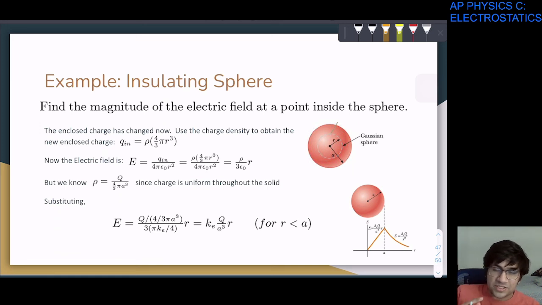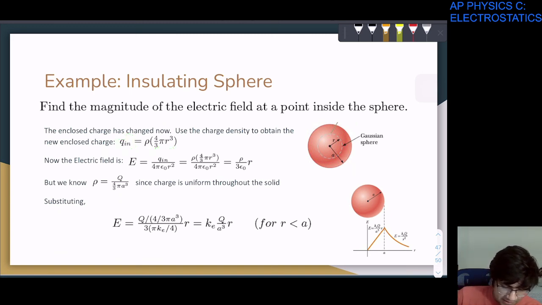But the only thing that's changed is that the enclosed charge is now going to be less. In fact, the enclosed charge is going to be our volumetric charge density, charge per volume, times the enclosed volume, which is 4/3 pi little r cubed. So this is our new Q enclosed.